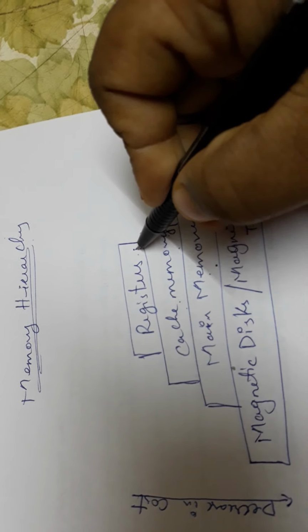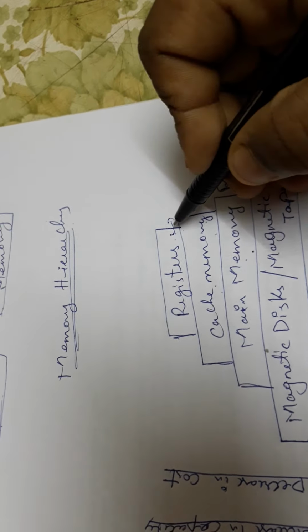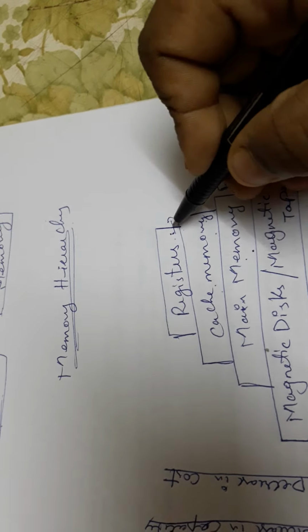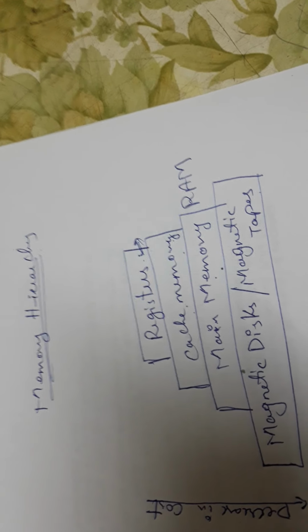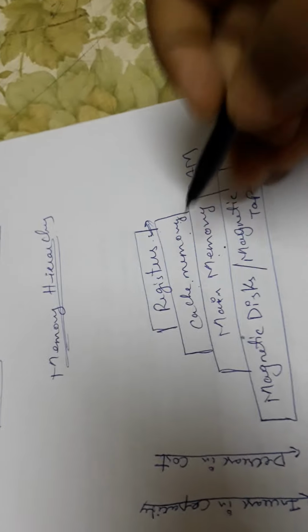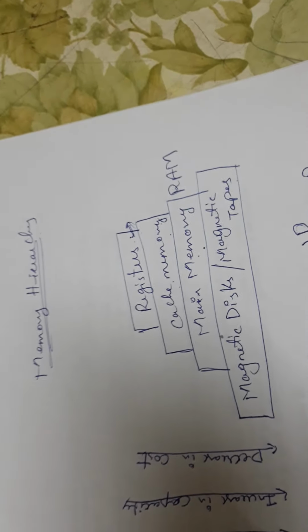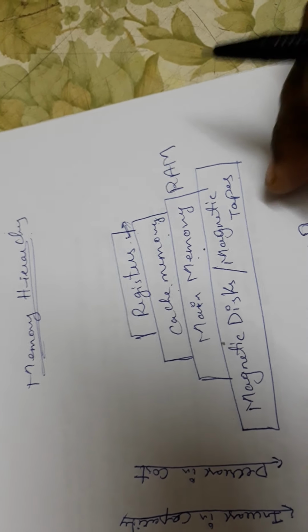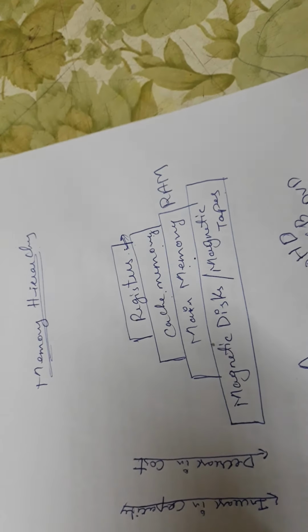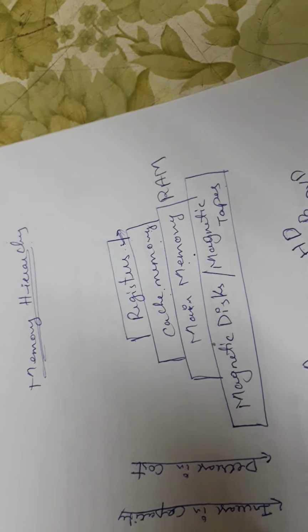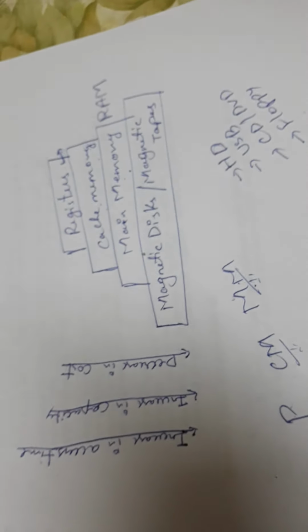If you try to locate the register, it is present inside the processor. So this is how we can list the memory hierarchy. There are a few parameters which differ among all of them. Those parameters are cost, capacity, and access time.